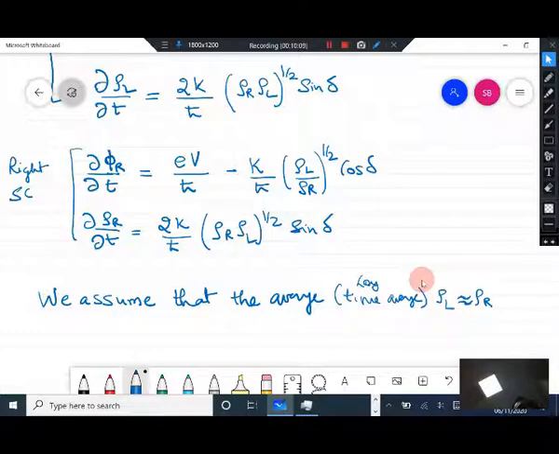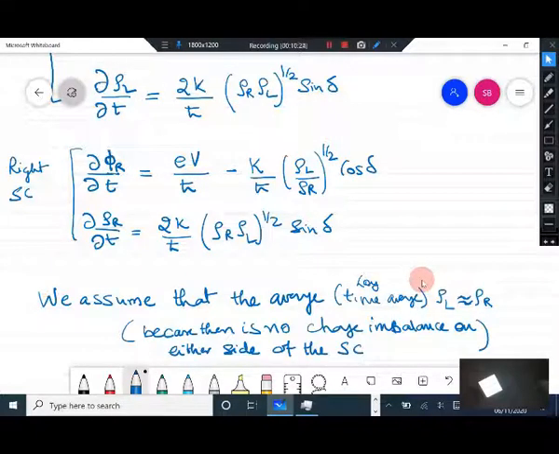Because there is no charge imbalance on either side of the superconductor. We don't have any gross charge imbalance on either side. Momentarily, there are fluctuations which we have calculated, but on the average, the density of Cooper pairs on either side of the superconductor is roughly constant.